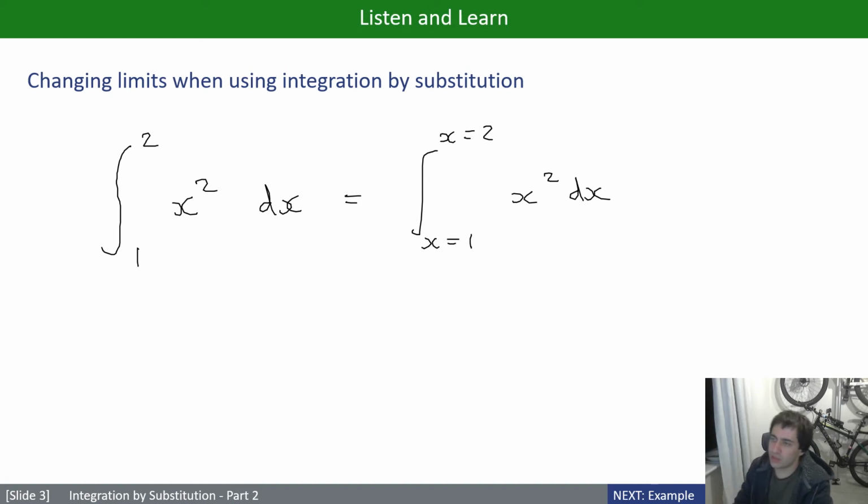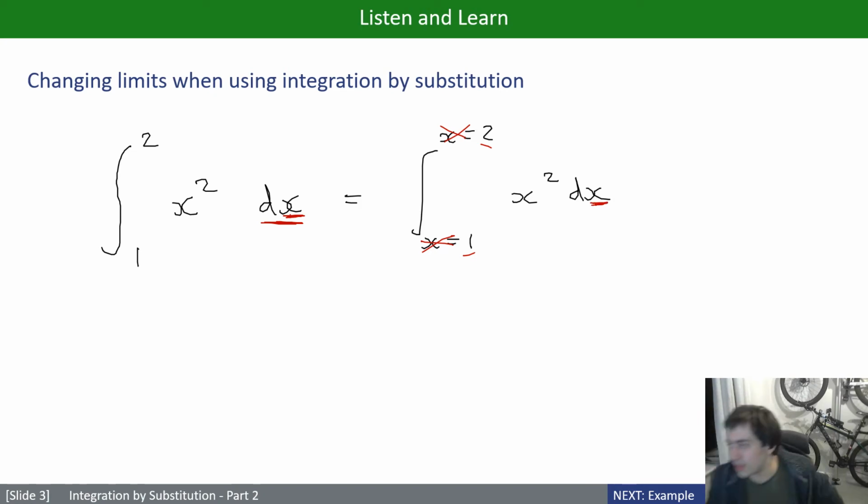But because we have this dx at the end of the integral, and it's clearly an x, these x equals are kind of redundant, so we don't put them in. The standard notation is to just put numbers, and it's assumed you mean from x equals 1 to 2.